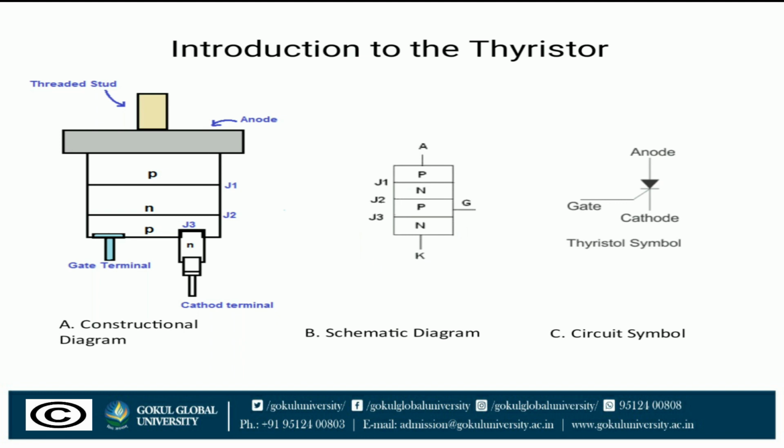The threaded portion is for the purpose of tightening the thyristor to the frame or heat sink with the help of a nut here. The gate terminal is usually kept near the cathode terminal, as shown in the figure. The schematic diagram and circuit symbol of a thyristor are shown in the figure. The terminal connected to the outer P region is called the anode.